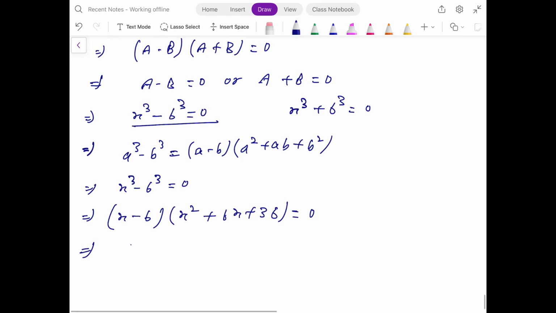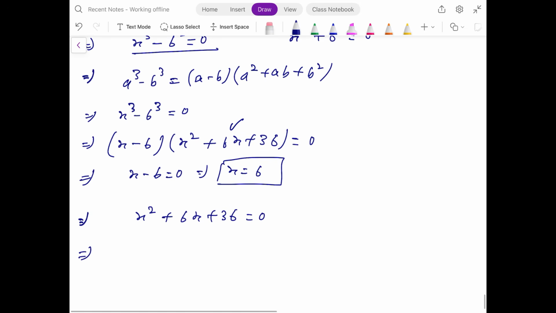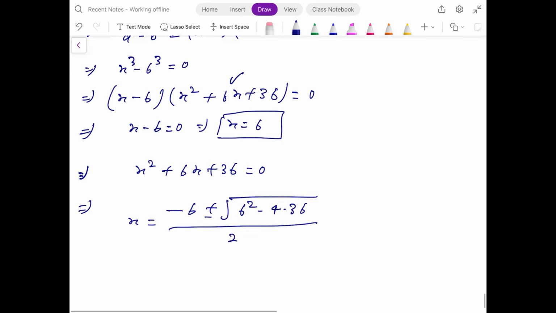From here, we can conclude x minus 6 equal to 0, which implies that x equal to 6. After taking this factor, the equation will be x^2 plus 6x plus 36 equal to 0. So if we here use the quadratic formula, the values of x will be given as x equal to minus 6 plus minus square root of 6^2 minus 4 times 36, divided by 2.